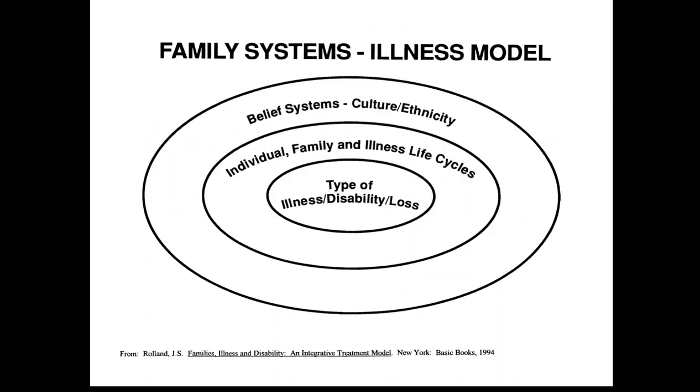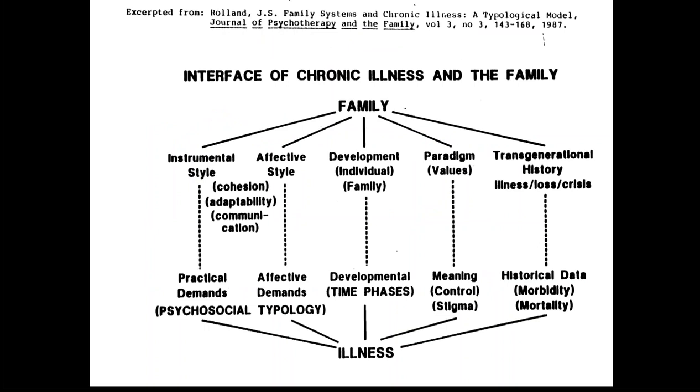This is the way I diagram that. I think about the pattern of diseases, less about diabetes, cancer, or multiple sclerosis, and more about what the pattern of a disease over time is and what that means psychosocially. The other thing I think about is the fit between a family and an illness.